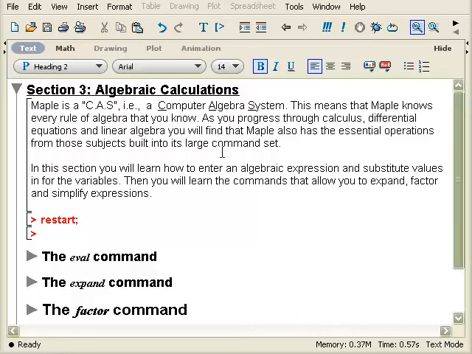Okay, in the previous section I mentioned that to state this, restart, semicolon, hit enter, will remove all the assigned numbers or equations to any letters or words, right?